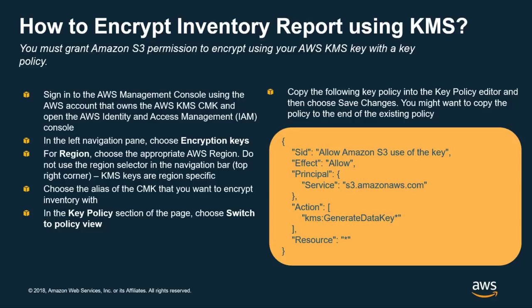You do this through the management console, where using the account that owns the customer master key for KMS, you can open the identity and access management console, choose encryption keys, choose the region, since KMS keys are region specific, and then choose the alias of the customer master key you want to encrypt the inventory report with. And then finally, in the key policy section of the page, choose the switch to policy key view. You'll get this text on the right. You'll copy this key policy into the key policy editor, save changes, and now you're all set.